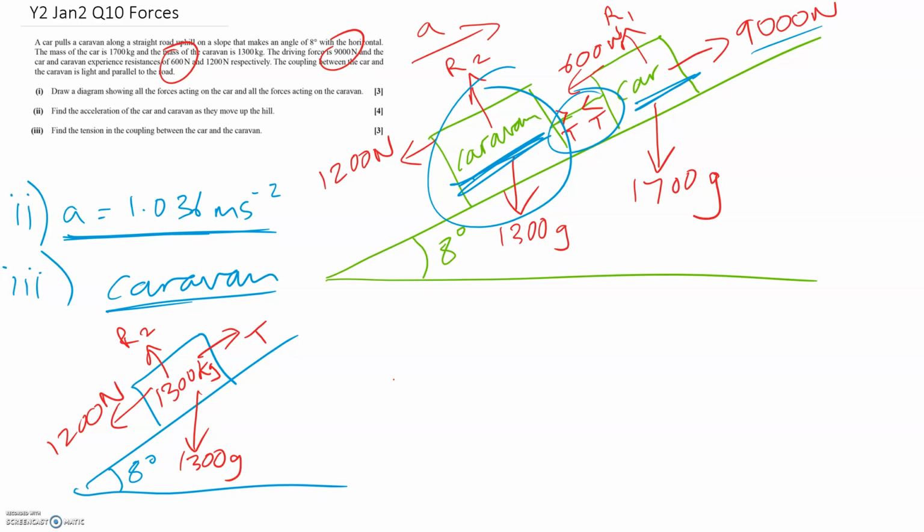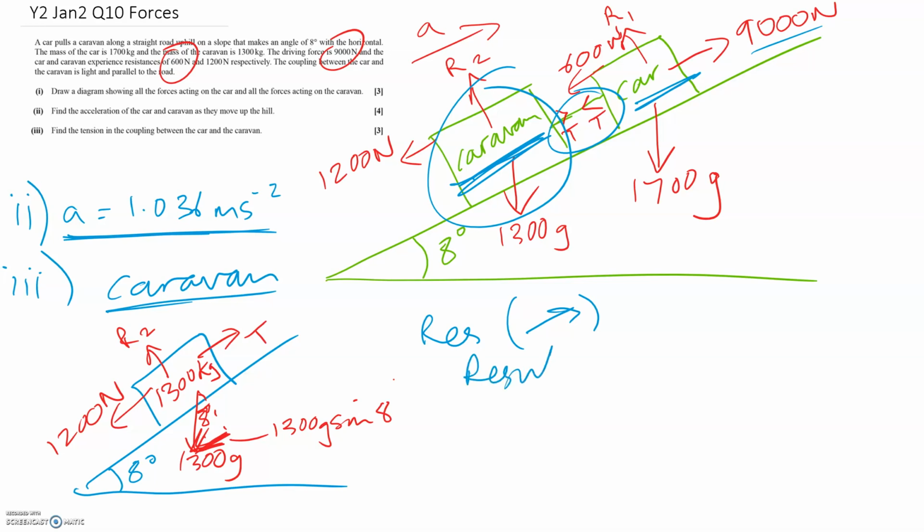I think we're going to need to resolve parallel to the slope again. So once again, we're going to need this component of the weight. Again, that's 8 degrees there, and so this component of the weight will be 1,300 G sine 8. Okay, so let's resolve parallel to the slope again, this time just for the caravan.